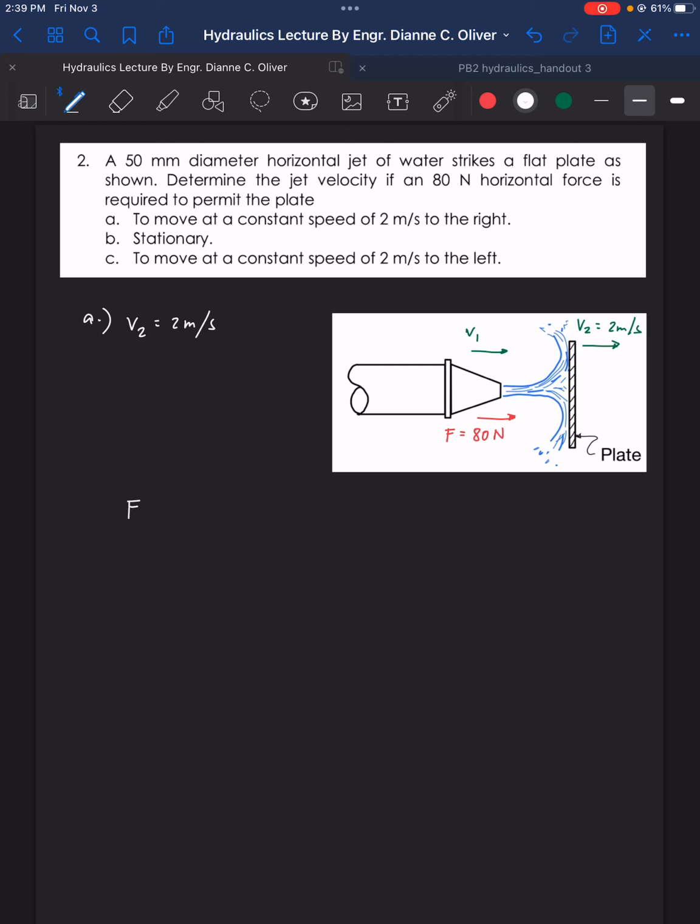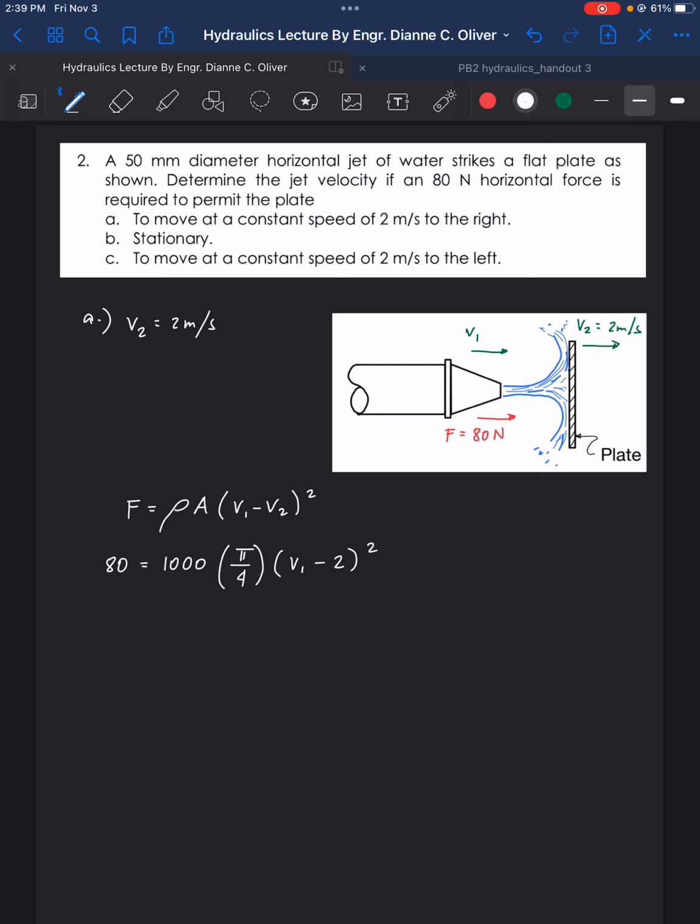This is case number 2. Since the plate is moving, we're using the formula F is equal to density times area times (V1 − V2) squared. So, given F as 80 Newton equals 1,000 times π over 4, V1 is unknown, V2 is 2, squared.